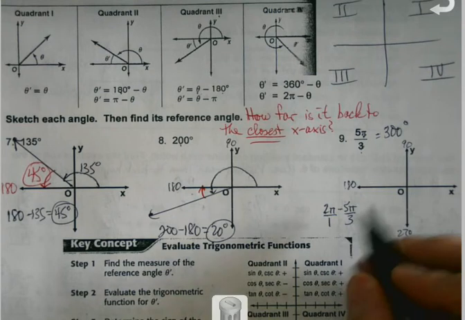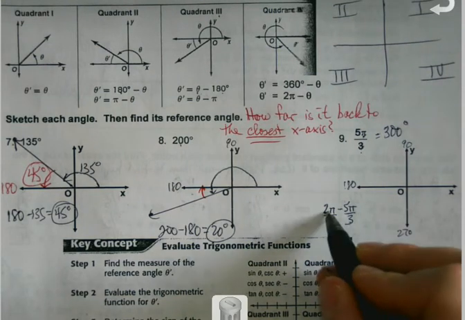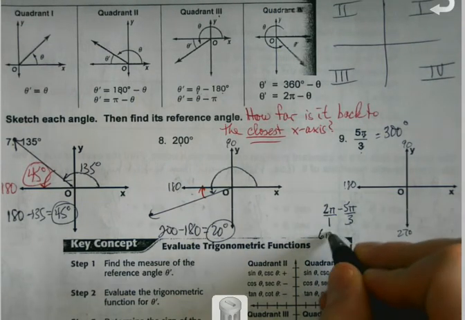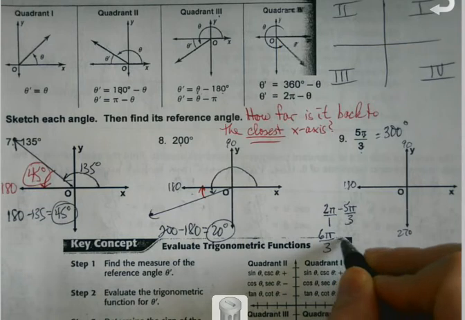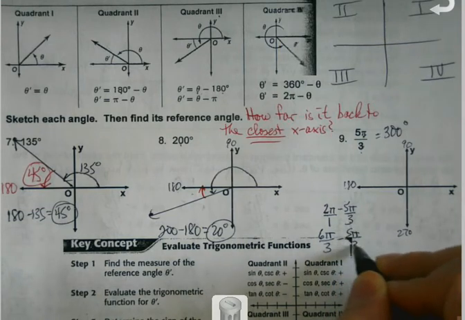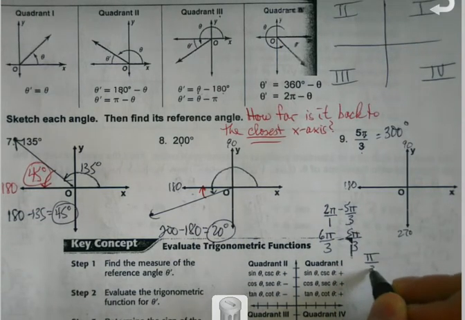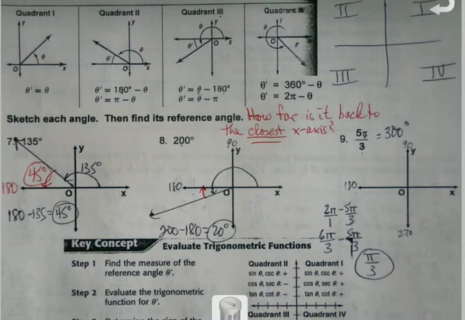So to get them the same, I would just multiply this 2 pi by the 3. Which would give me 6 pi over 3 minus 5 pi over 3, which is pi over 3. That keeps me in radians. But if you're not quite to that comfort level yet, that's okay.